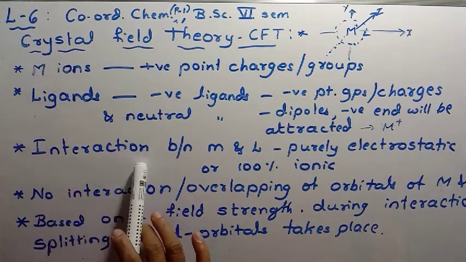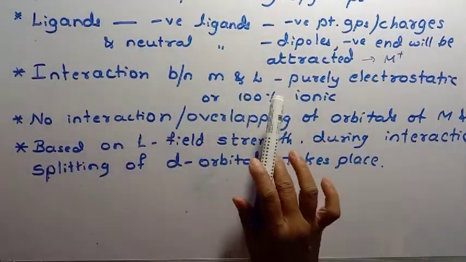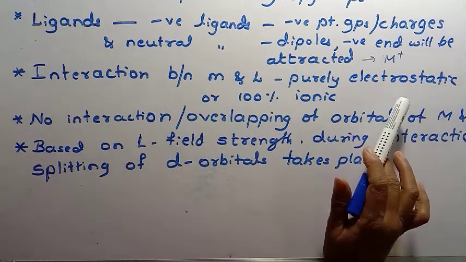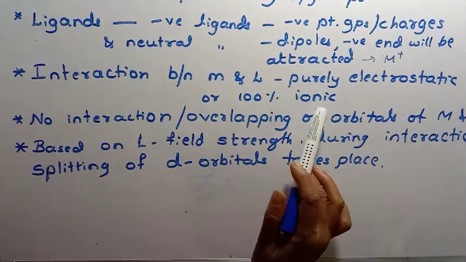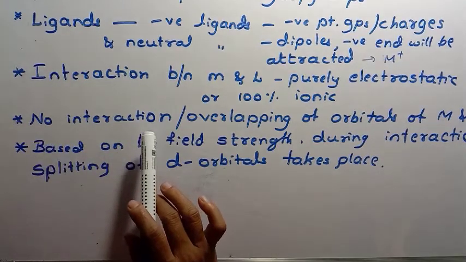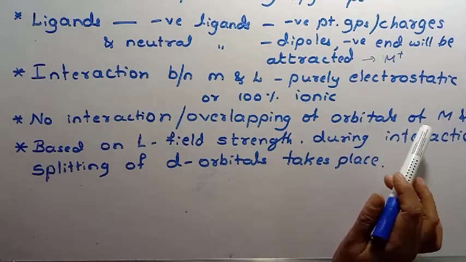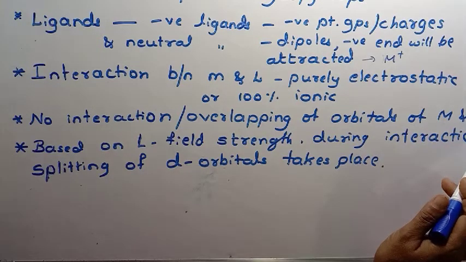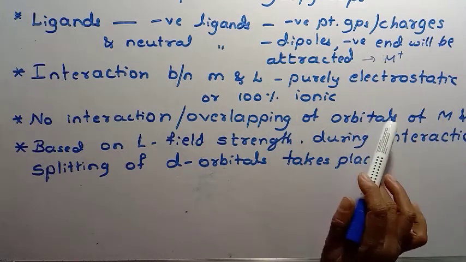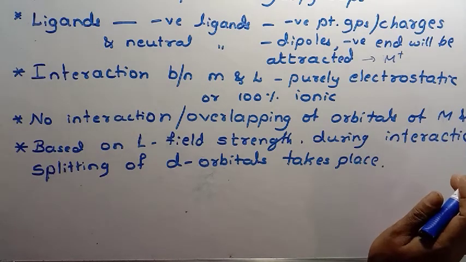The next postulate is that the interaction between the metal and the ligand is purely electrostatic, that means it is 100% ionic. And the next one, there is no interaction or overlapping of orbitals of metal and ligand during the formation of a complex.